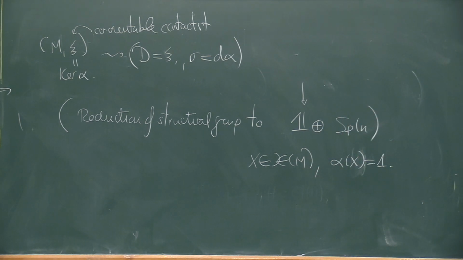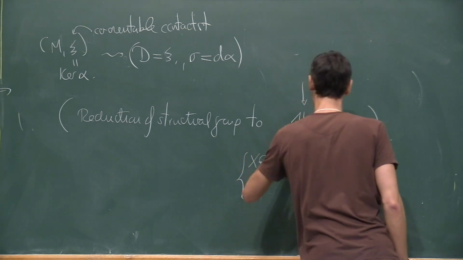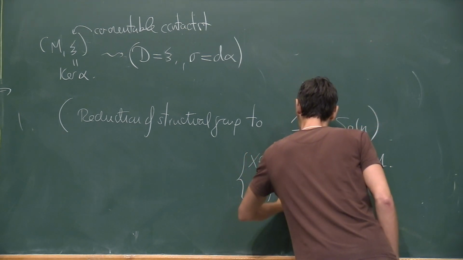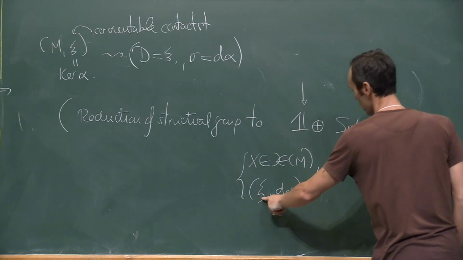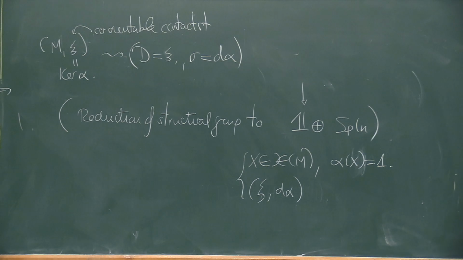This is always possible because alpha is non-zero. And then, of course, along D or xi, you have this linear symplectic structure, so you can take a global symplectic frame there. That's the reduction.